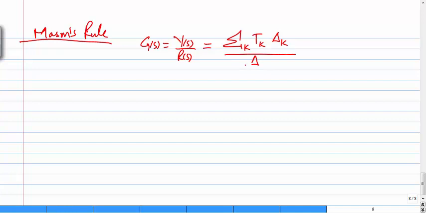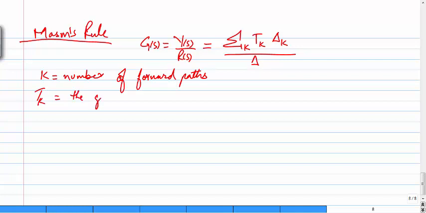Here k is the number of forward paths. Tk is the gain of the kth forward path.